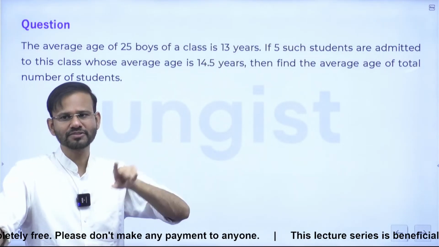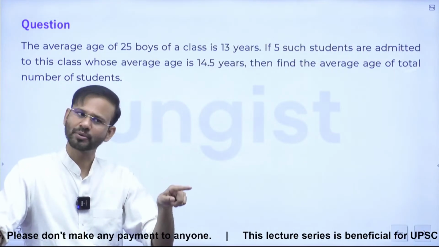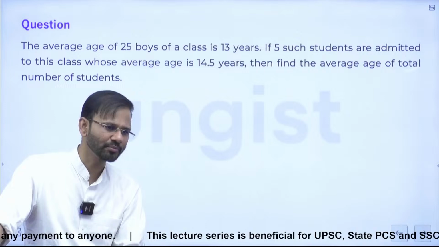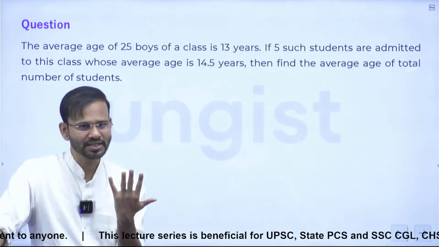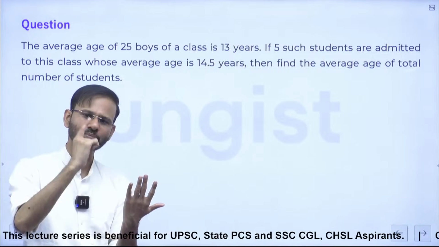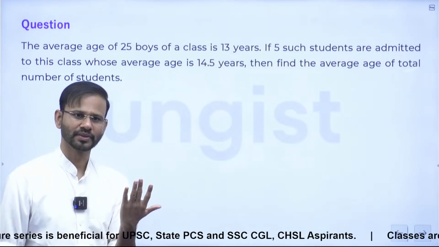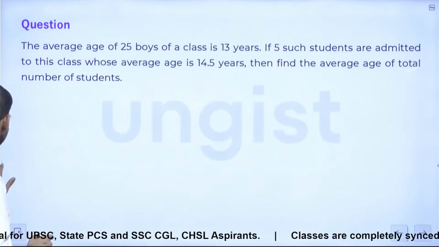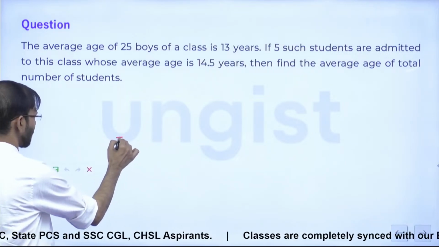Each student is coming as 14.5, 14.5, 14.5, 14.5. So each student is contributing 1.5, right? Total 5 students are there. Each one is contributing 1.5. So what is the total contribution? 1.5 into 5. That is 7.5, right? So total contribution is plus 7.5, guys.